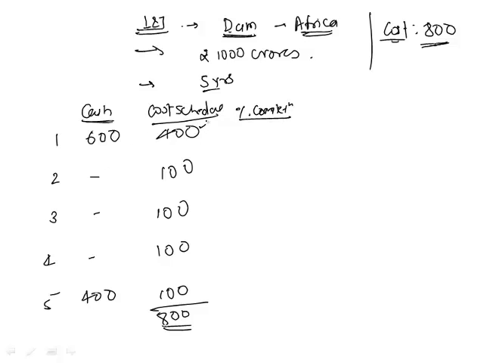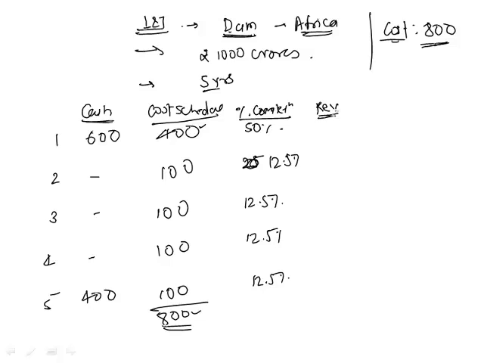Cost incurred this year 400, total expected cost 800, which means this year we have finished 50%. 100 as a ratio to 800, this year we finished 12.5%, 12.5%, 12.5%, 12.5%.